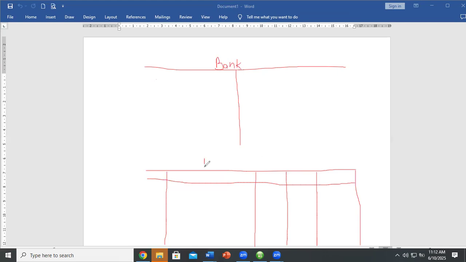So this is a bank statement. I'll show you a real one probably in our next class so that you see how the banks prepare this bank statement.